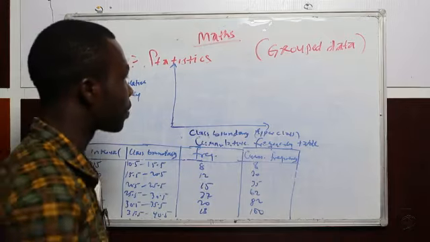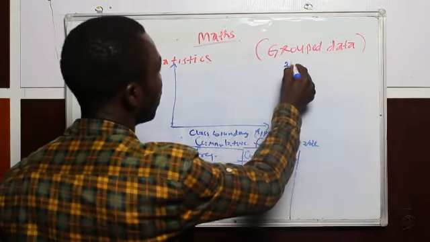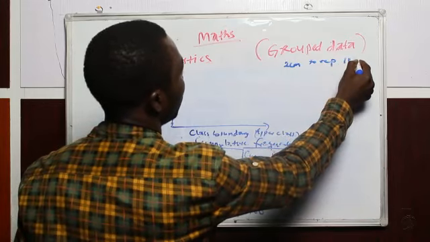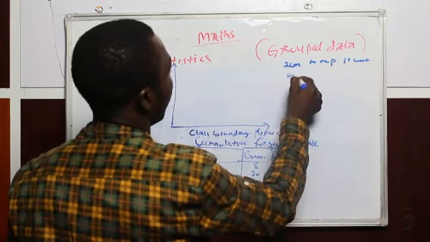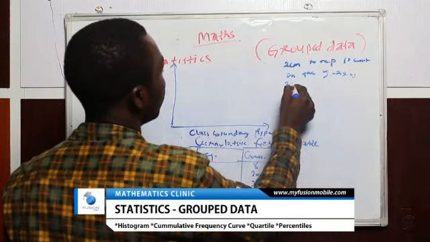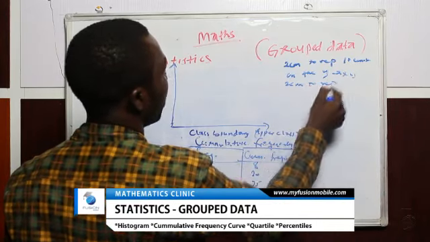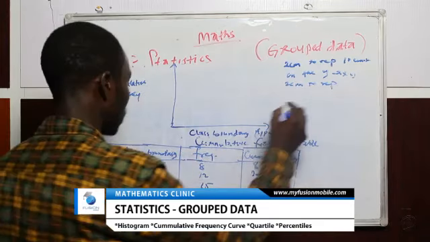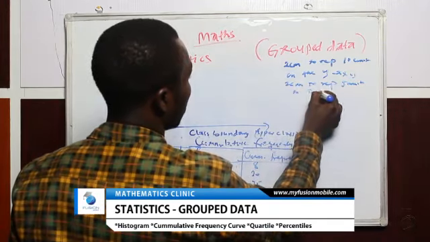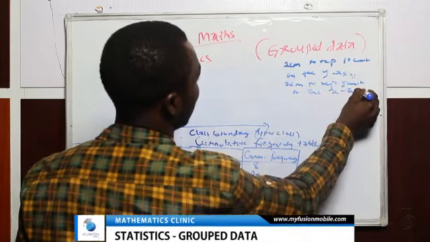You can now say that 2 centimeters to represent 10 units on the y-axis and 2 centimeters to represent 5 units on the x-axis.